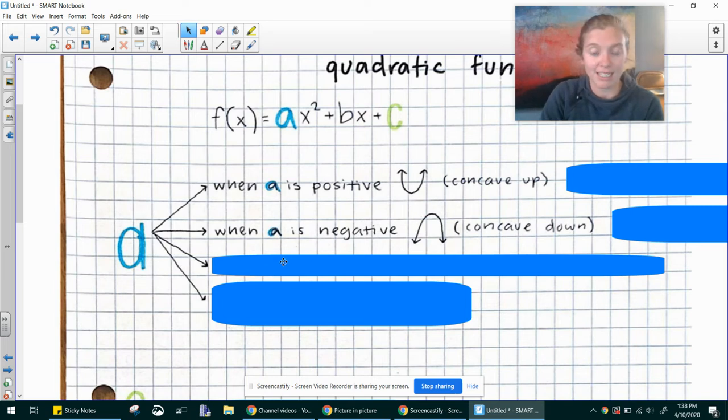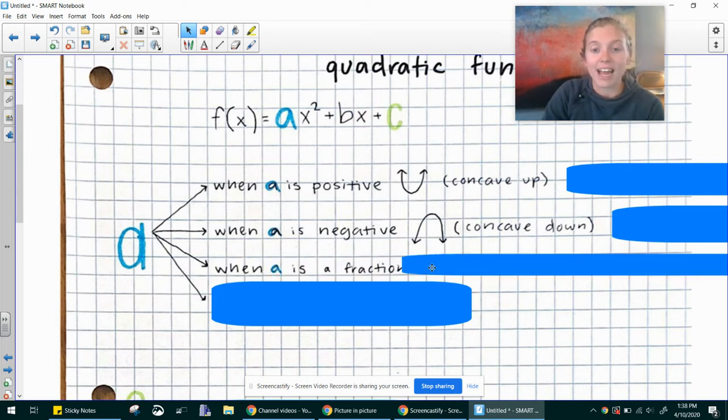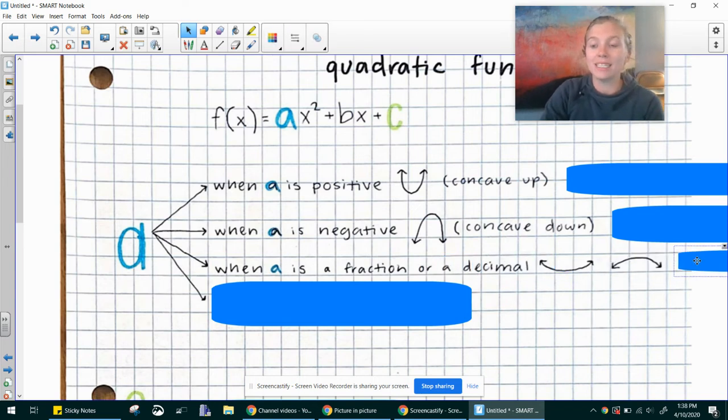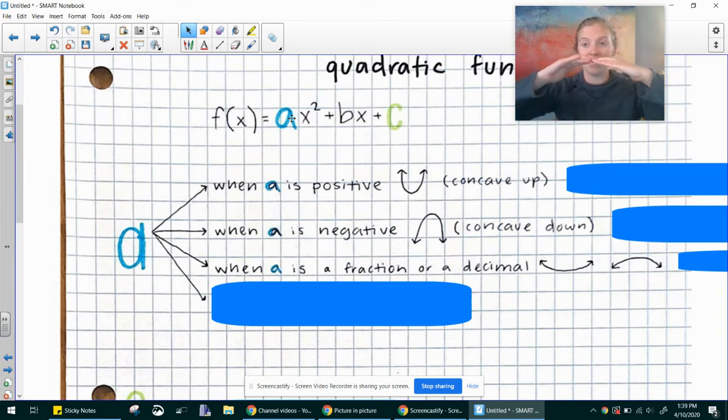There's a couple other things that a tells us. When a is a fraction or a decimal, our graph will always be wider. So if a is a fraction or a decimal, our graph will always be super wide, whether it's concave up because it's a positive fraction or concave down because it's a negative fraction.